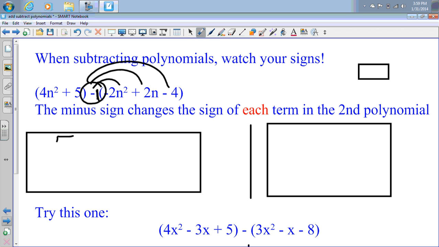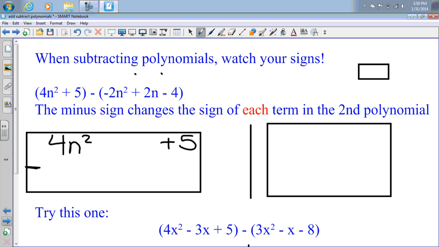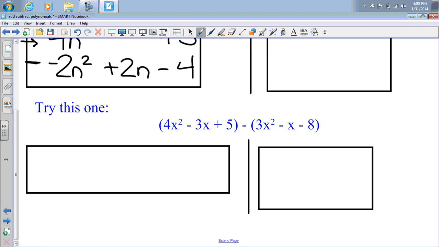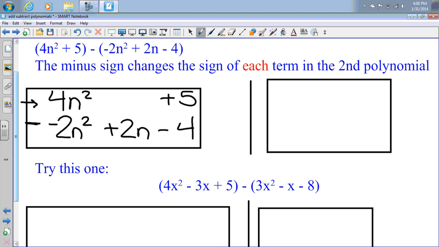Remember, we want to make sure they're in descending order. So I'm going to have 4n squared plus 5 minus negative 2n squared plus 2n minus 4. Okay? 4n squared minus, whoops, that was not smart, minus negative 2n squared.